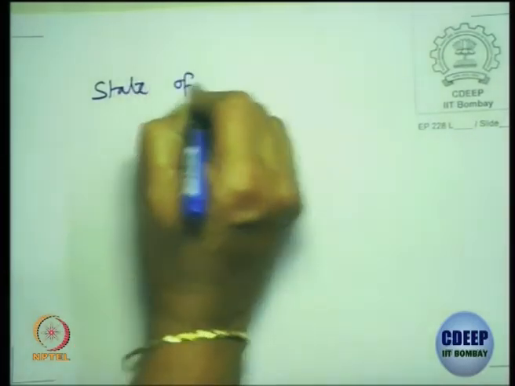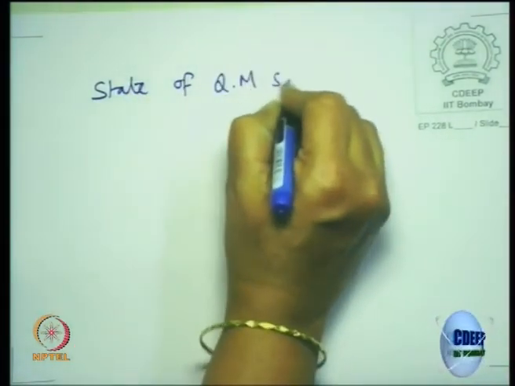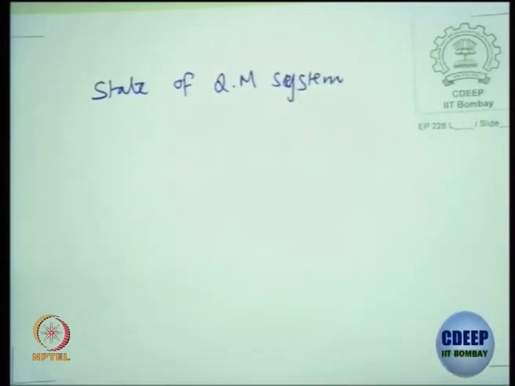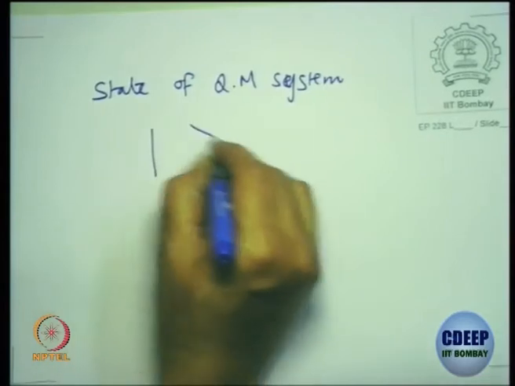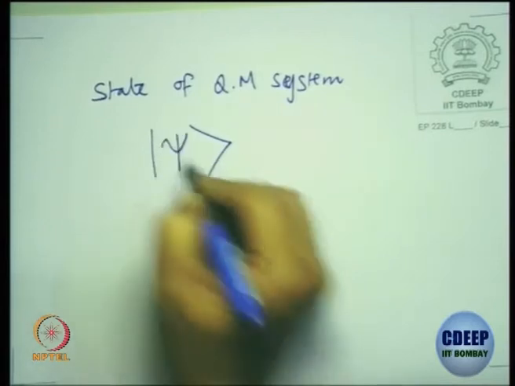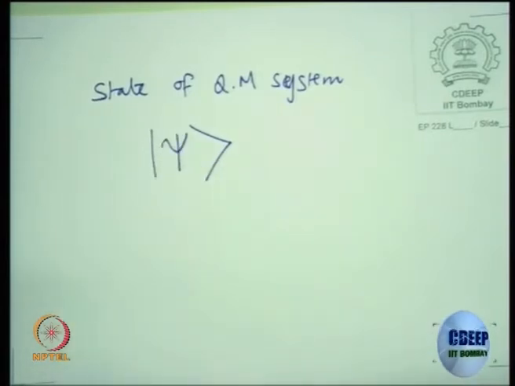So, the state of a quantum mechanical system we denote by an angular bracket with a Greek letter psi, can be psi, phi, this is a kind of notation which we are going to use.